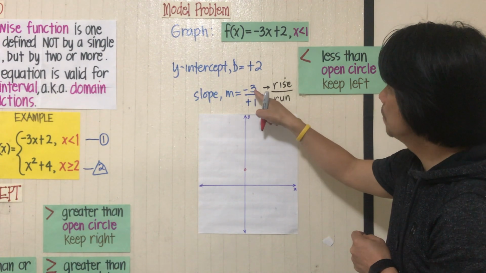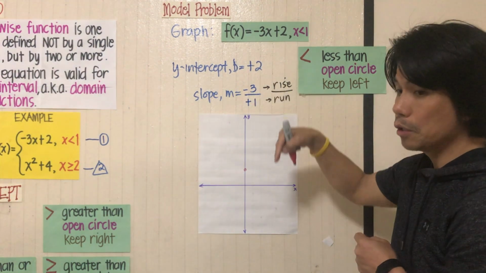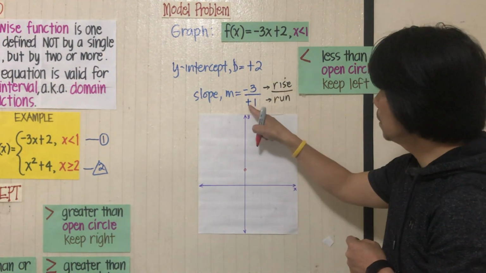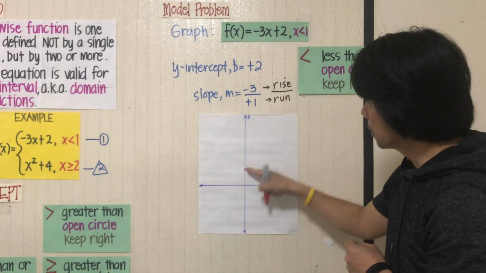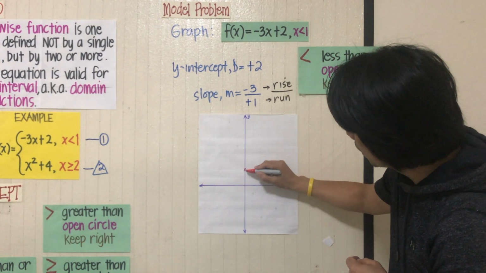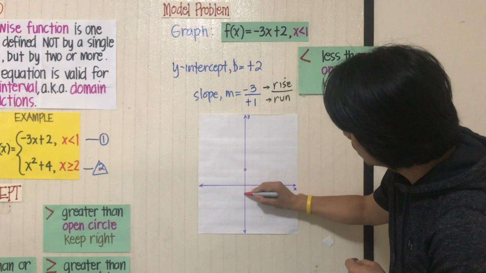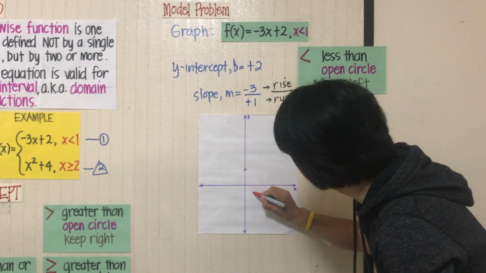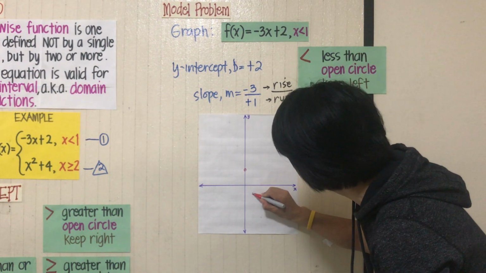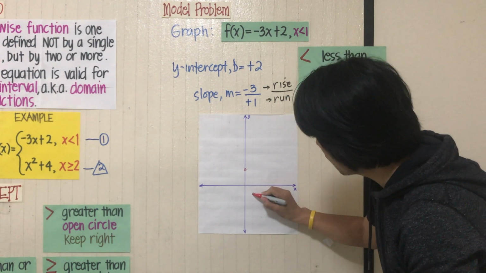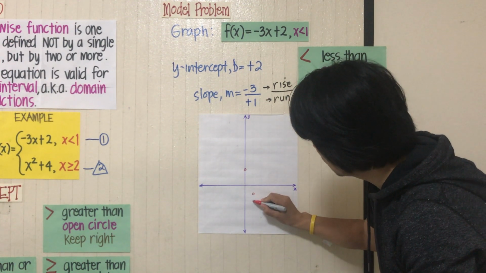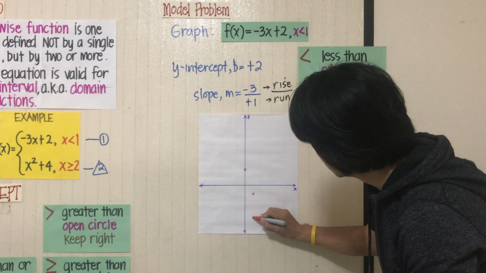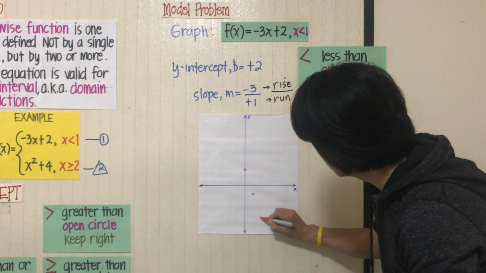It says negative 3, meaning you go down 3 steps and then 1 to the right. So from the y-intercept, 1, 2, 3 down, 1 to the right. Again, use an open circle for now. Repeat the process: negative 3, 1, 2, 3 down, and then 1 to the right.